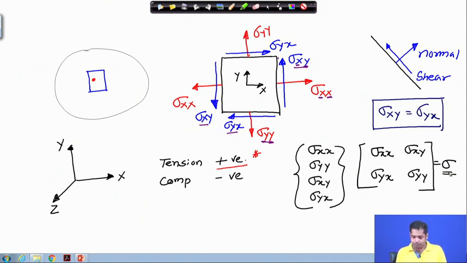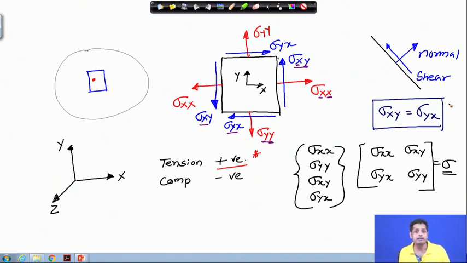Now, these are the stress components at a point in two dimensional space. Coming to this quickly, we all are aware of the equilibrium equation, right? The equilibrium equation says that if the body is in equilibrium, then every point in the body is in equilibrium.